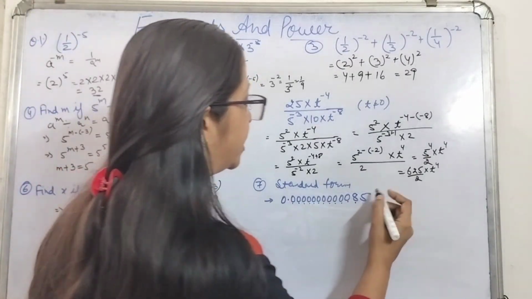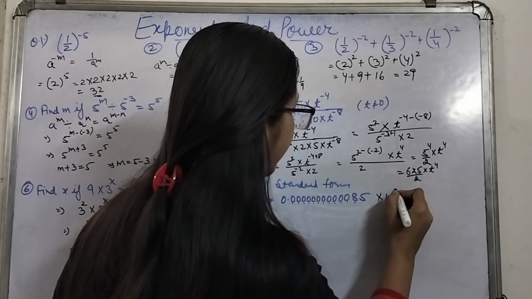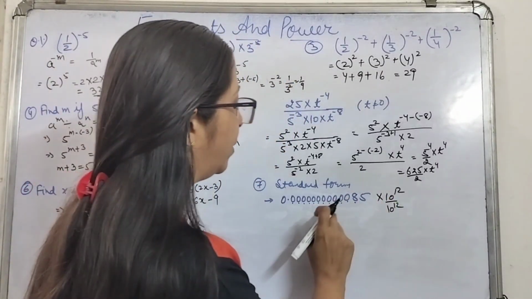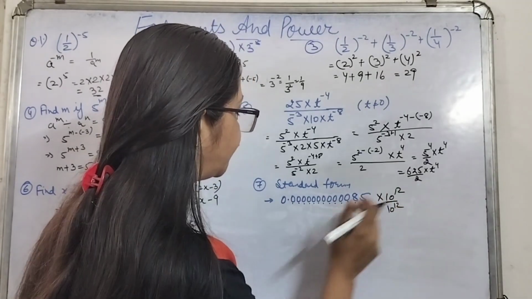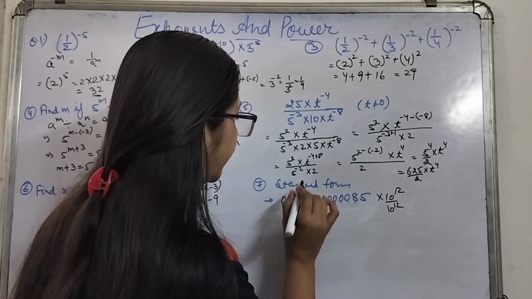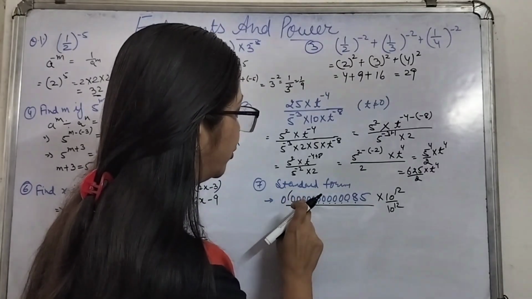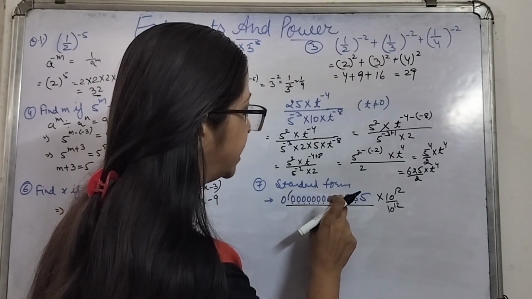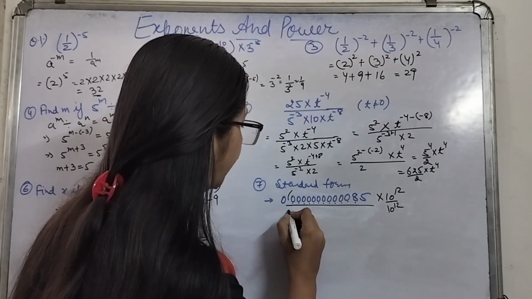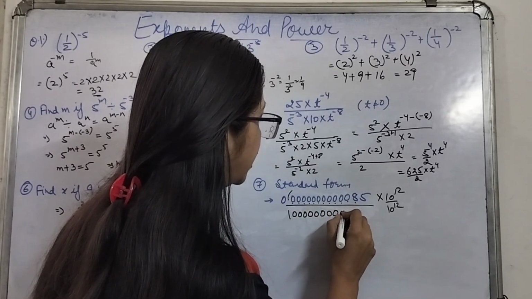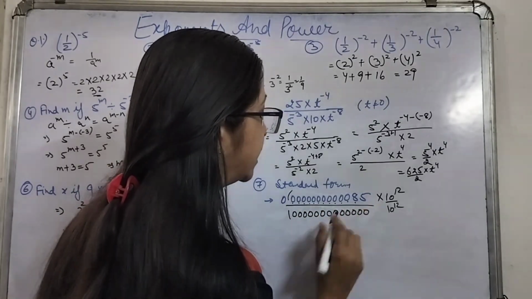So what we can do is, either we can multiply it by 10 raised to the power 12 and divide it by 10 raised to the power 12. If we multiply it by 10 raised to the power 12, we will remove this decimal, and how many zeros will come? 1, 2, 3, 4, 5, 6, 7, 8, 9, 10, 11, 12, 13 zeros will come.